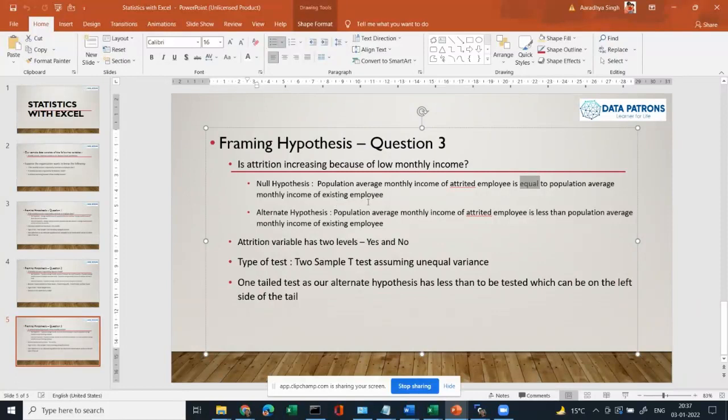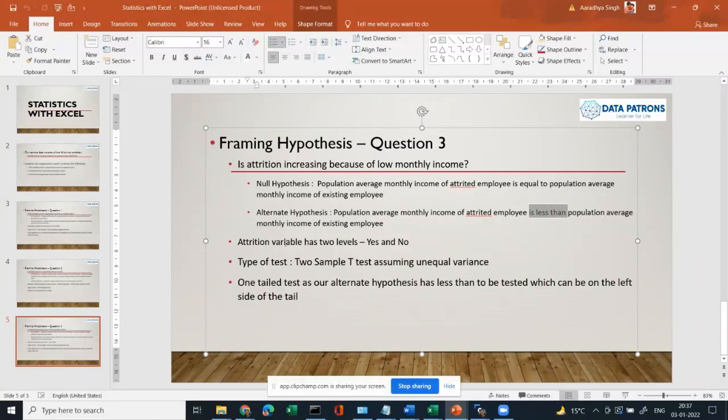And the question that the organization asked, is attrition impacted by low monthly income? We have captured that as the alternate hypothesis. Hence, we have made a note that population average monthly income of attrited employees is less than the population average monthly income of existing employees.